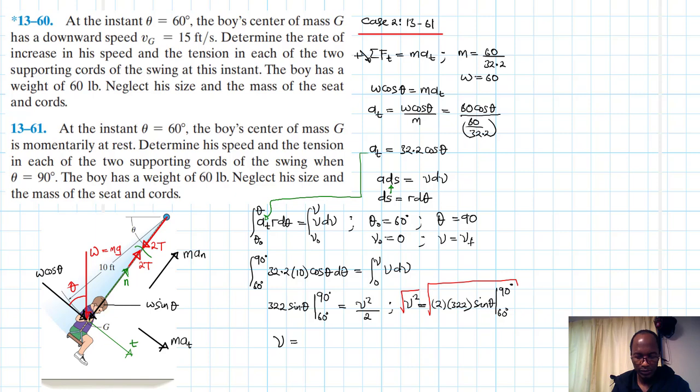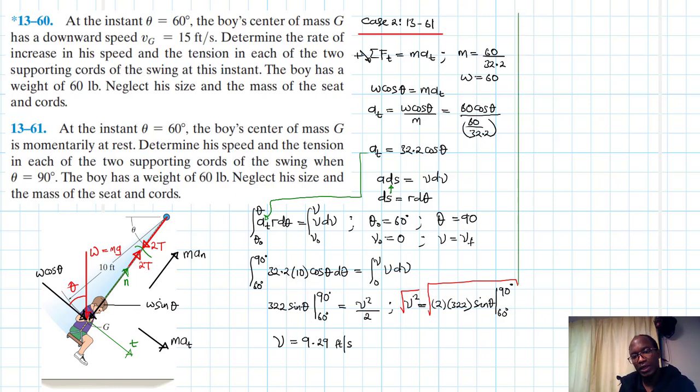Sine 90 minus sine 60. And the square root of that, we have 9.29 feet per second. Alright, so once we found this, then we can move on to the next step.